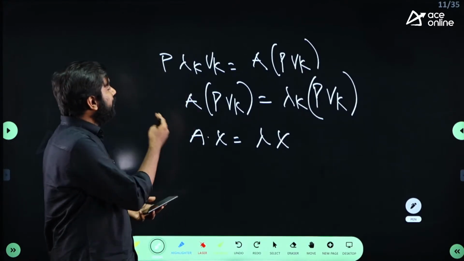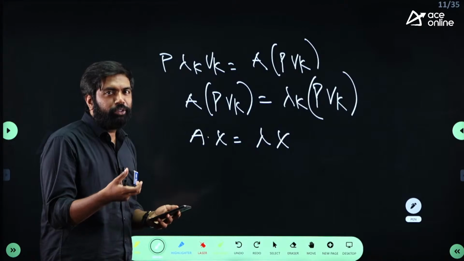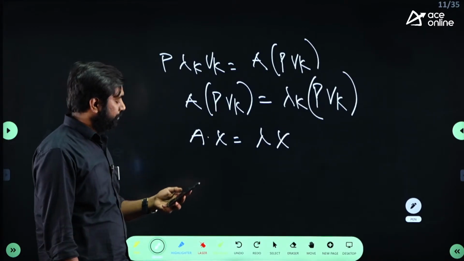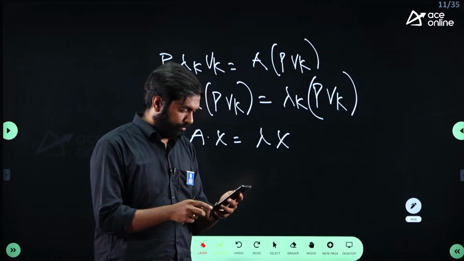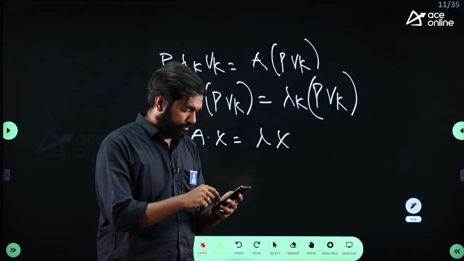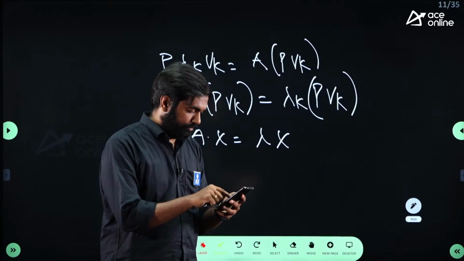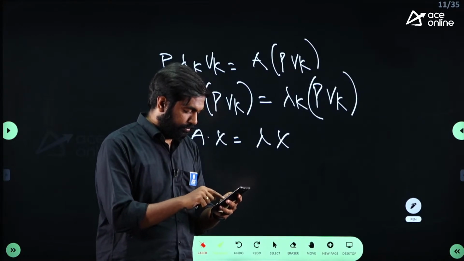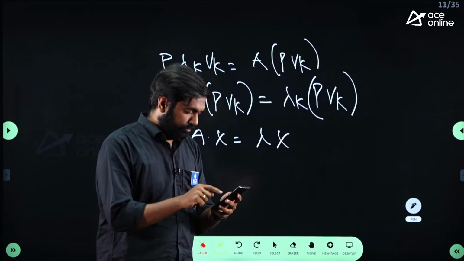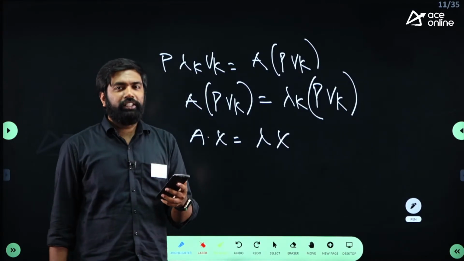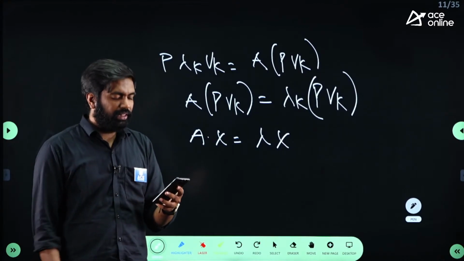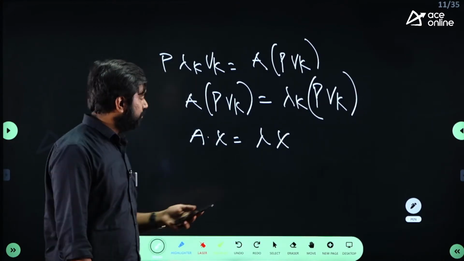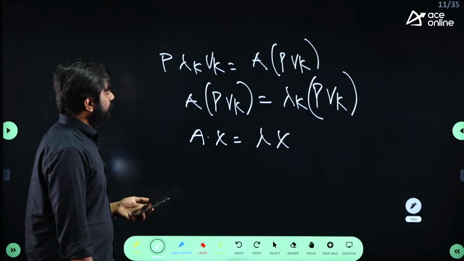From this, can you tell what is the eigenvalue and what is the eigenvector of A? So far I have not received any answer. Let me give you 20 more seconds. A little tricky question this is. Observe.